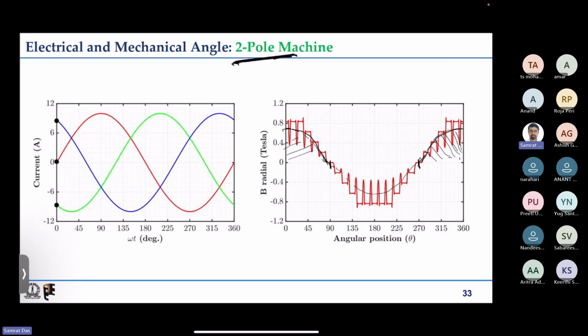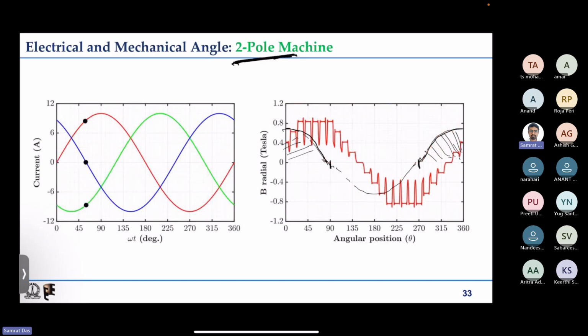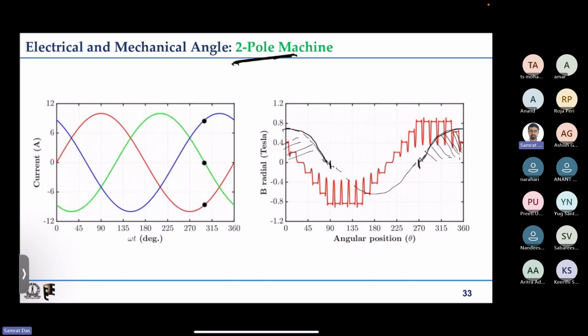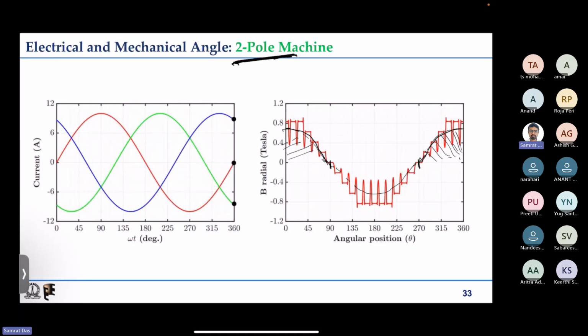So there are two poles in this case, and we are at the 0 degree location. I'll run the animation to show you how it rotates. So you can see here that after omega t moves by 360 degree, we are again back in the same location where it started from.